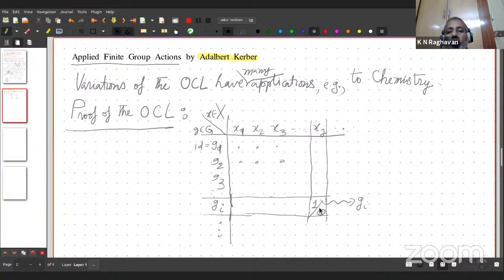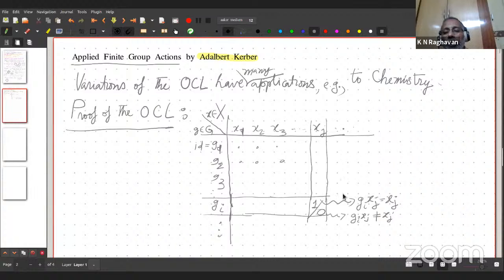Each column corresponds to an element of the set X. If g_i x_j is equal to x_j, I put 1. I put 0 if g_i x_j is not equal to x_j. So there are only two possibilities. Either g_i x_j equals x_j or g_i x_j is not equal to x_j. In the first case, I put a 1. In the second case, I put a 0. Right? So I make this matrix.